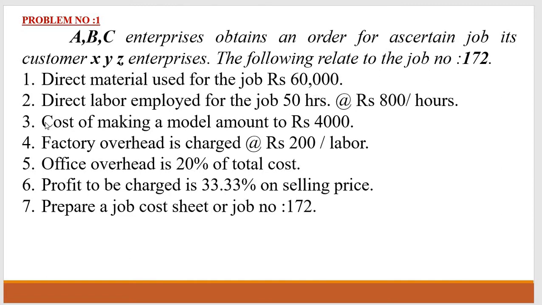Next one, direct labor employed for the job is 50 hours at rupees 800 per hour. So direct labor is 50 into 800. Next one, cost of making a model amounts to rupees 4,000. That is direct expenses.